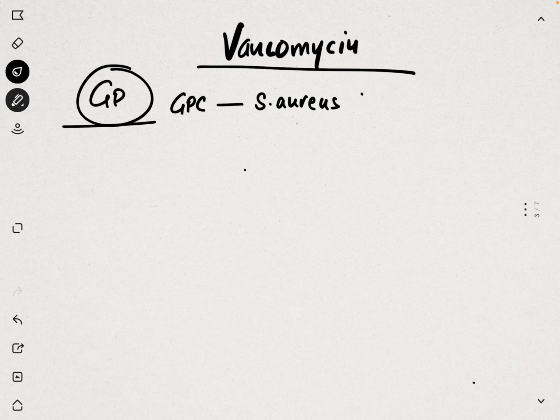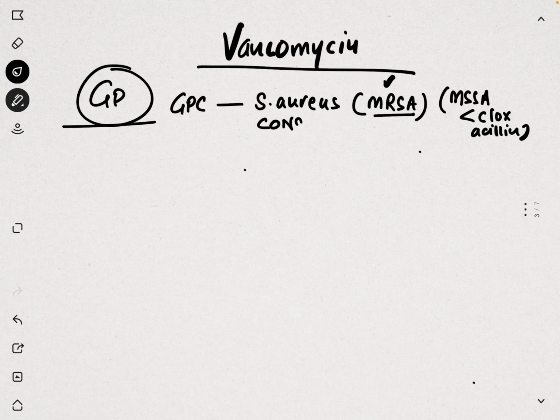But one thing has to be remembered, its effectiveness is better on MRSA. For MSSA, it is effective, but it is less effective than the simple cloxacillin. So we prefer it for MRSA.